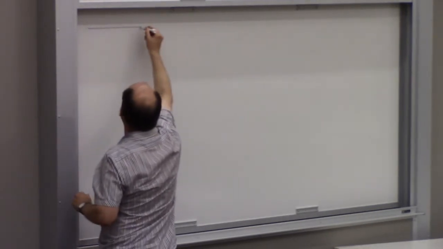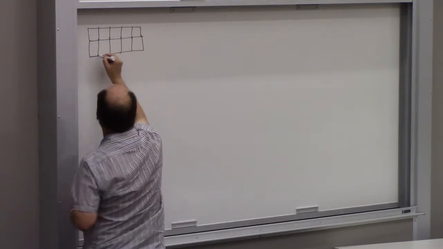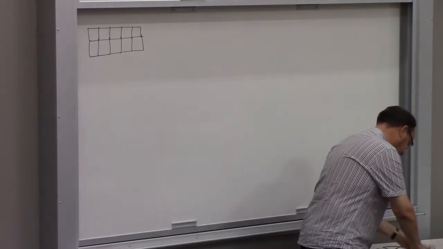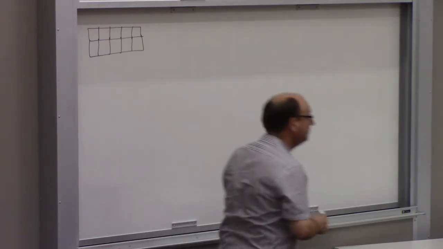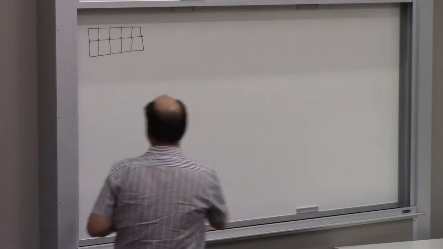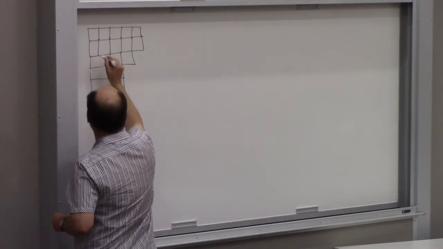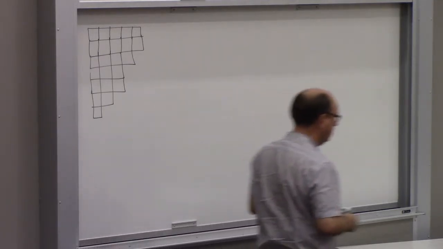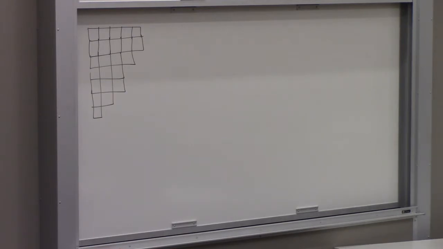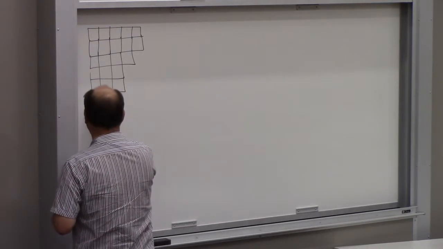So we have this partition: 5, 5, 4, 4, 3, 3, 2, with no 1, and there was a 0 in the last row. Okay, so this is it.